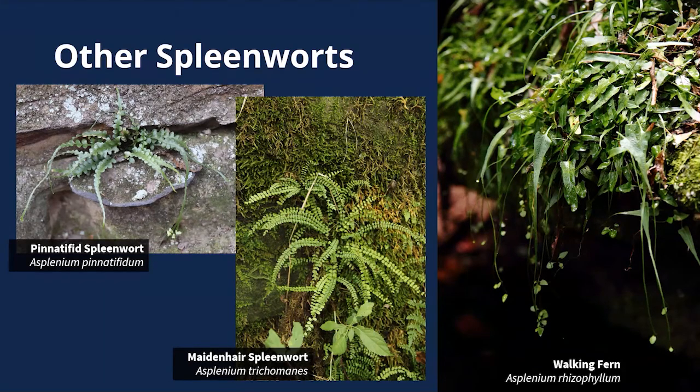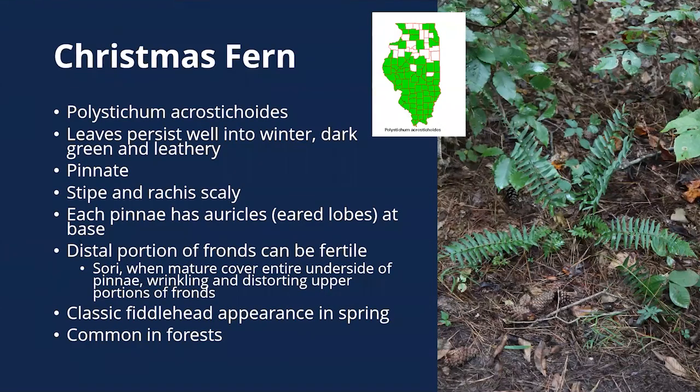Now, a similar looking fern, and one you may be familiar with, is Christmas fern. They call it that because the leaves persist well into winter, dark and really leathery. It is also pinnate, and it also has those eared lobes, just like the ebony spleenwort.